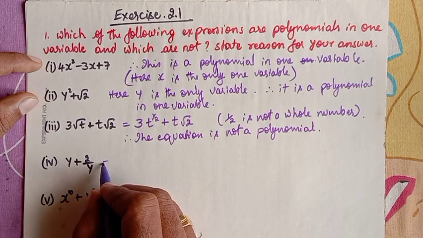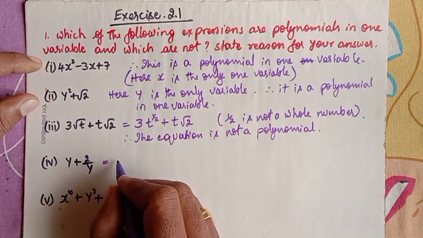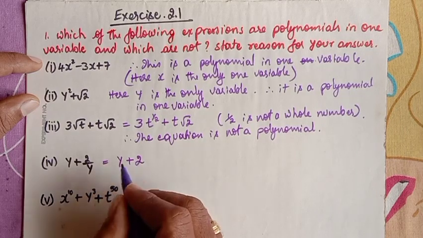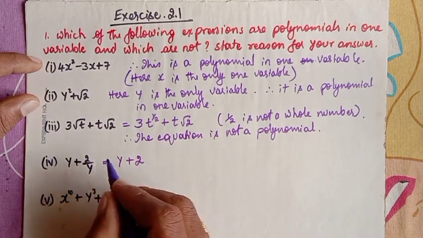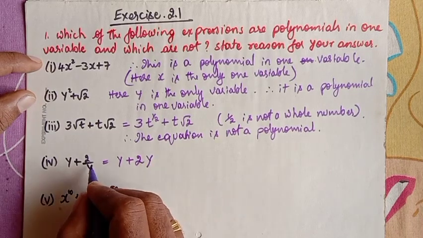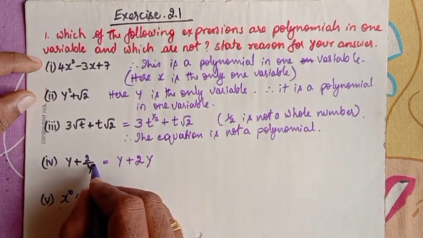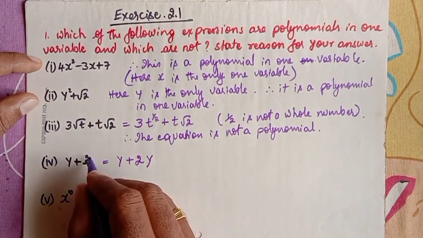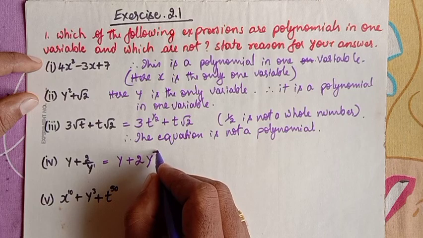Let us take this fourth example, which can be written as y plus 2. When this y moves to the numerator, its exponent changes. Here y to the power of 1 is there in the denominator. When this y to the power of 1 moves to the numerator, it changes to minus 1.